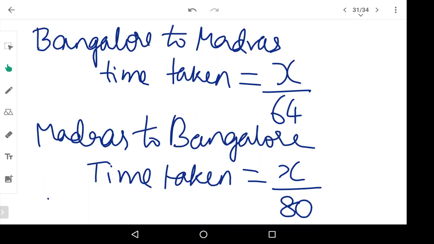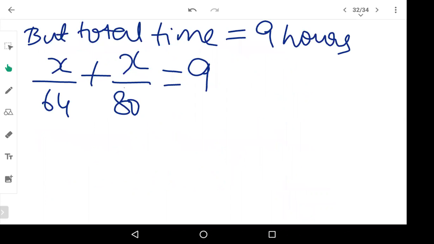Now we know the total time to be 9 hours. That is, the salesman going from Bangalore to Madras and coming back to Bangalore is going to take 9 hours. So we have got this equation. Let us solve this equation quickly.